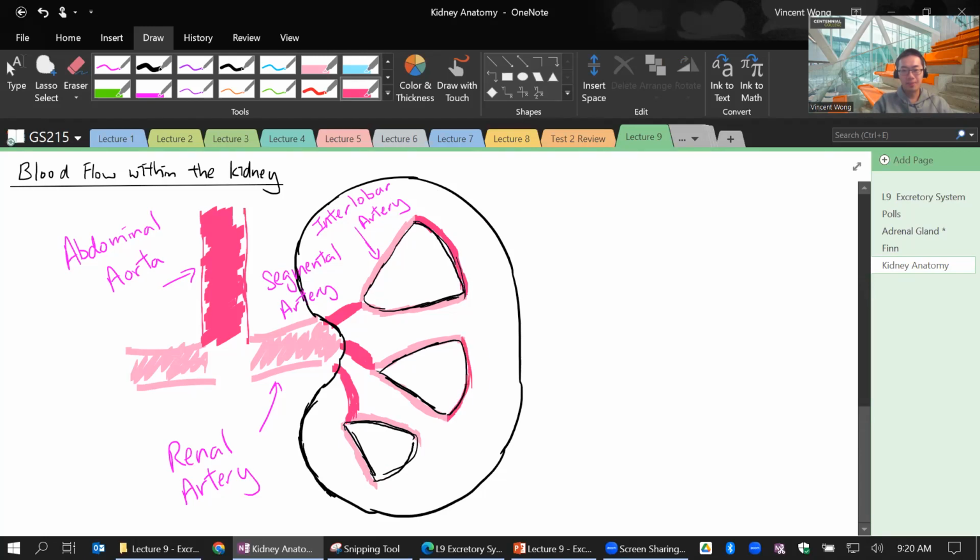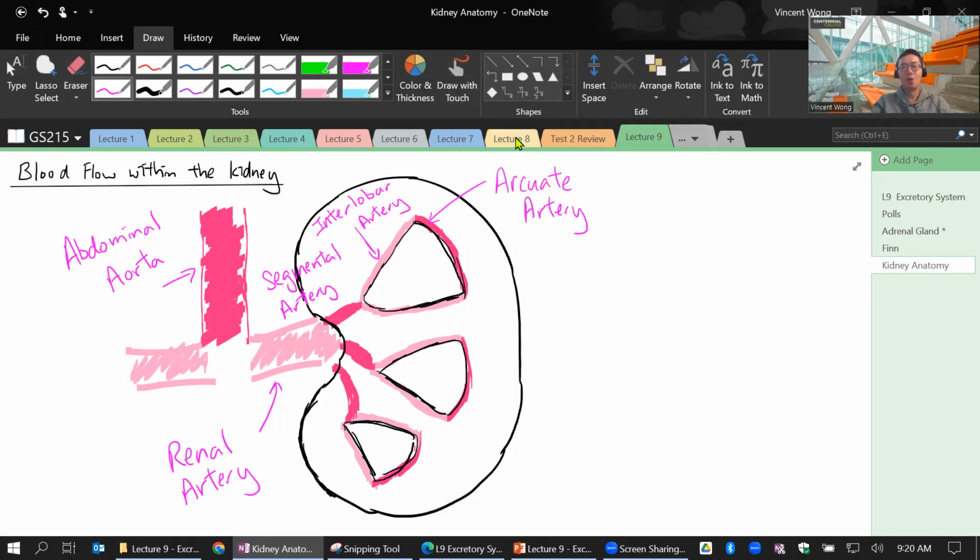Now, the arch goes around the outer edges. If this was a slice of pizza, it would be the part that you're holding, the crust, or it goes around the crust. And that is called the arcuate artery. I know this is not really gonna make you feel better, but just in case it does, arcuate means curve, like an arch. So this is an artery that forms an arch, arcuate artery.